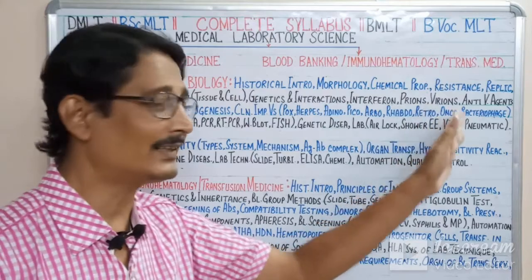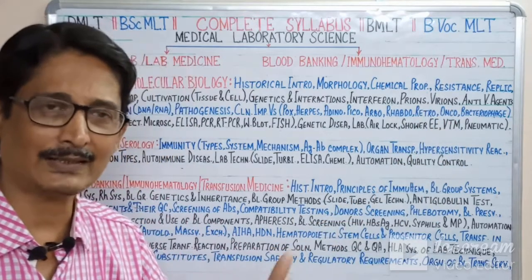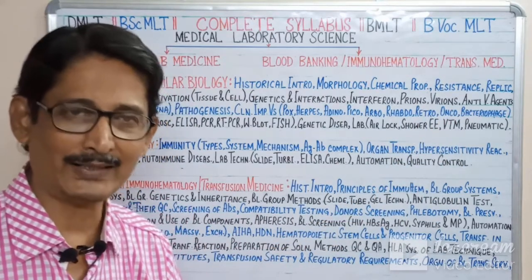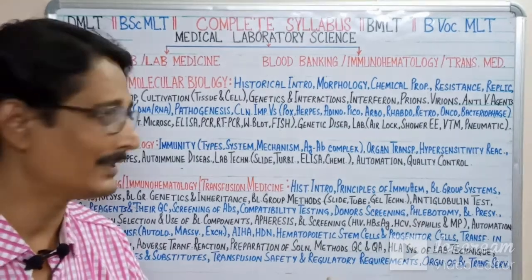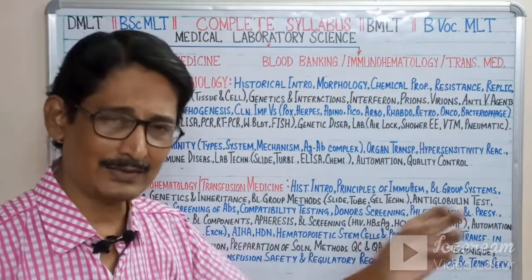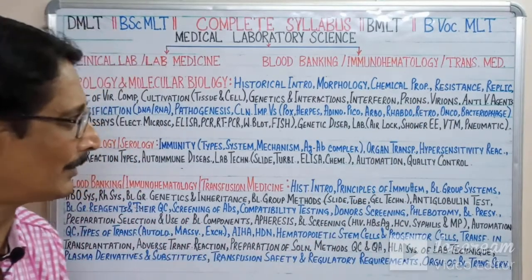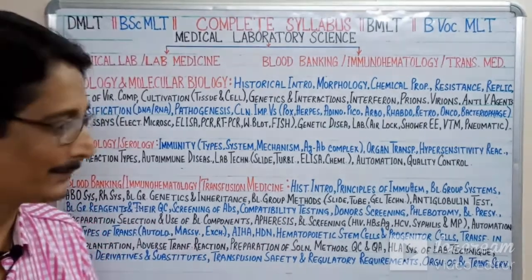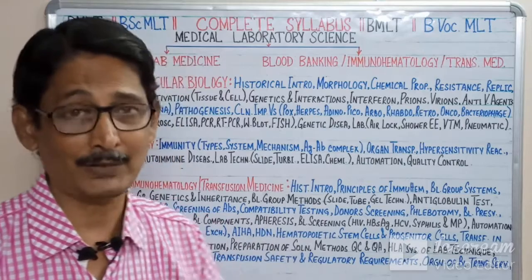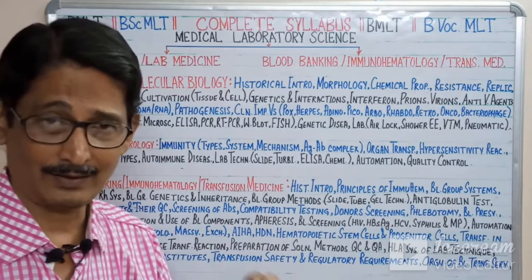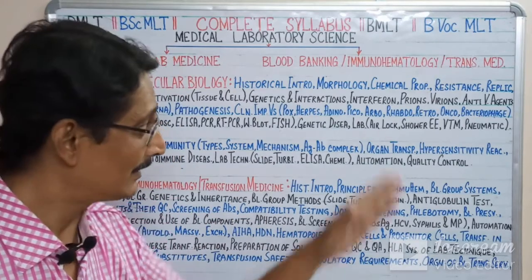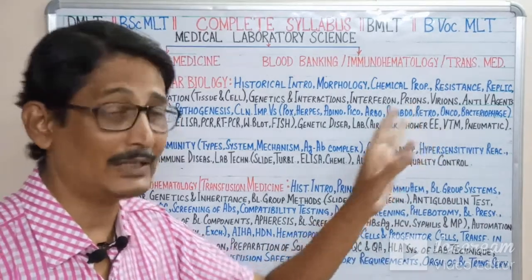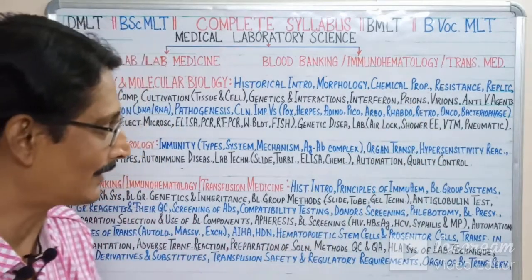Now the prions and the virions. The prions are the earliest form of virus, and after that the virions have just a small amount of RNA, and after that the virus is modified. So the virus is not the primitive life on earth; the prions are the primitive life on earth.